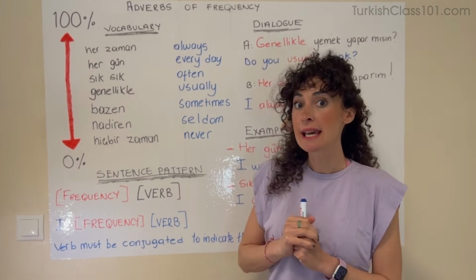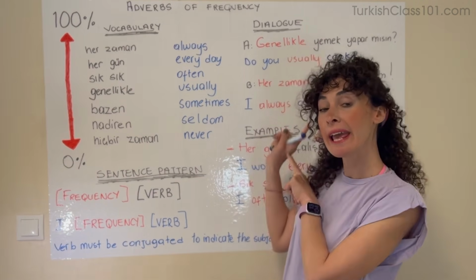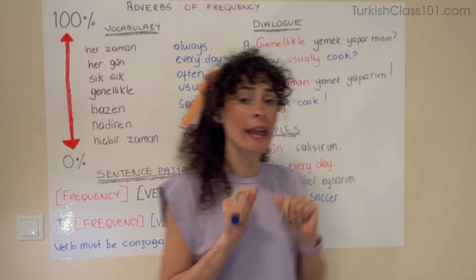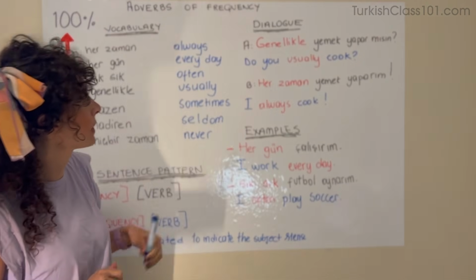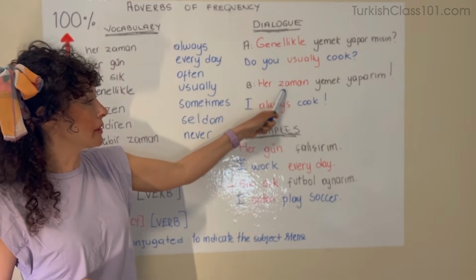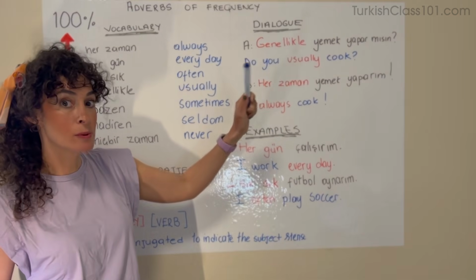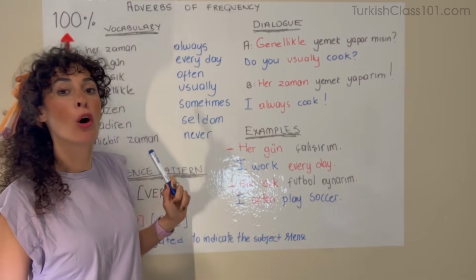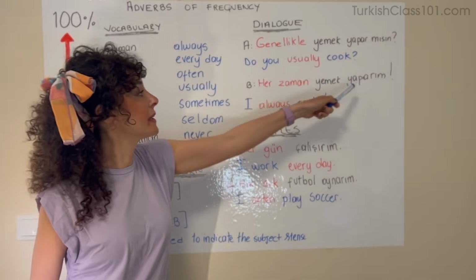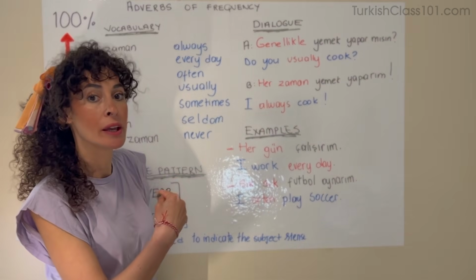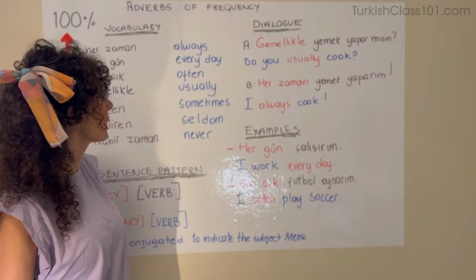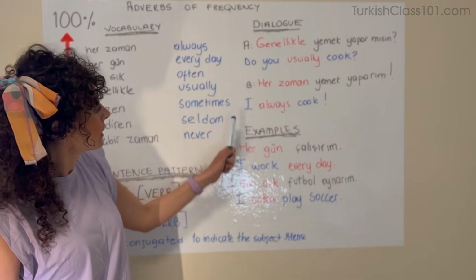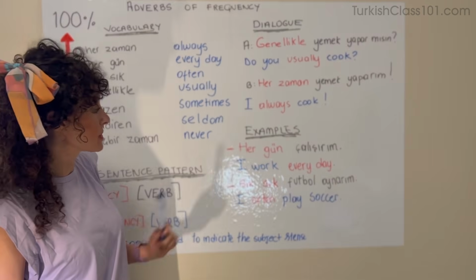Let's see the structure in the dialogue, in the sentence. Her zaman, frequency adverb, yemek yaparım, verb, I cook. Okay? Let's see the other two examples.